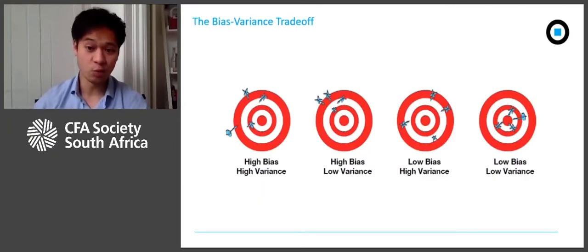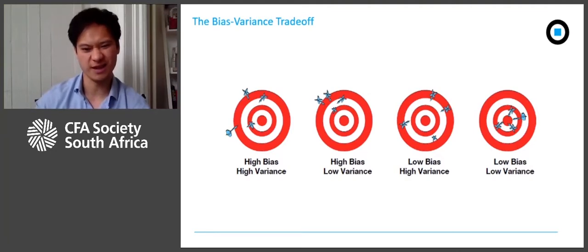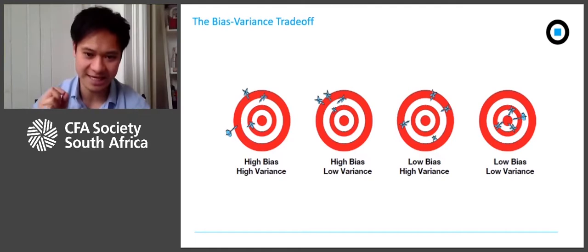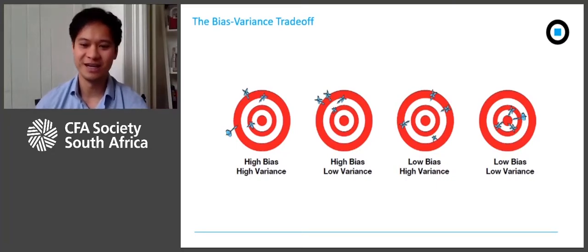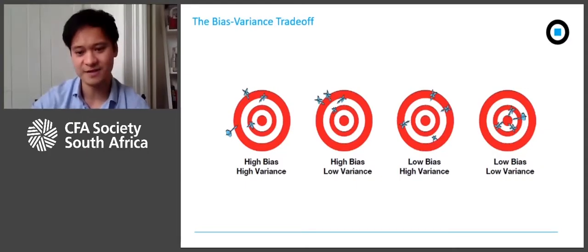So ideally, what we want is a low bias and a low variance, and that's like the target on the right. So it's always consistently hitting the bullseye. What we want to avoid is being high bias and high variance on the left. Trading off between bias and variance in the middle two targets is where it becomes more of an art than a science.